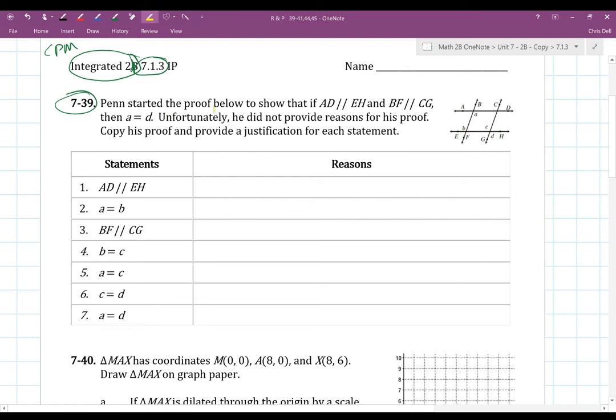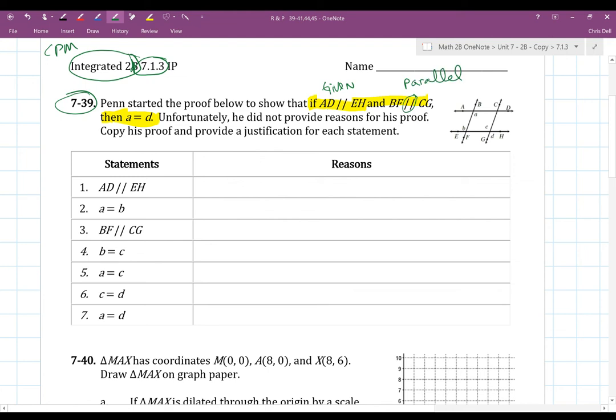Penn started the proof below to show that AD... so here's my statement, here's my given: if this and this, then this, right? So there's the proof. This is the given part. The given says if AD is parallel to EF and BF is parallel to CG, and by the way, that symbol means parallel.